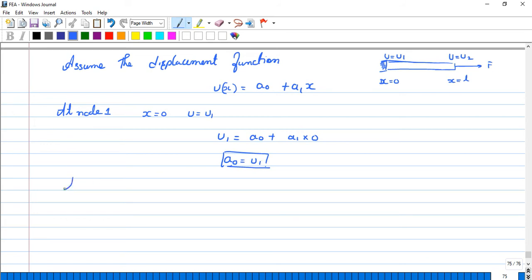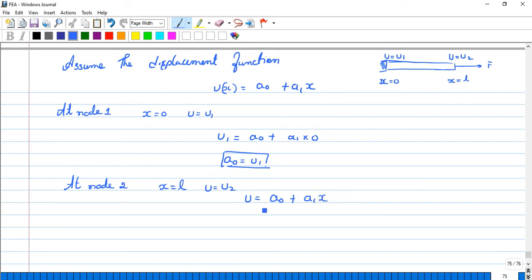Okay, and at node 2, x will be L, u we consider as u2. Then considering the same equation, u is equal to a0 plus a1x.